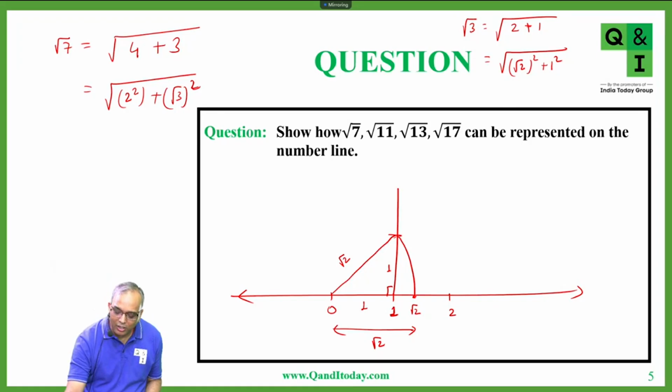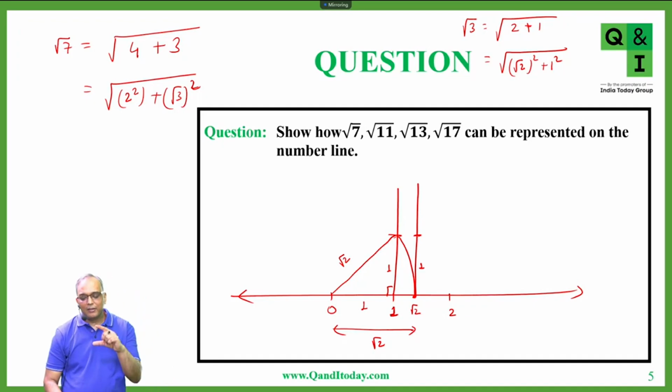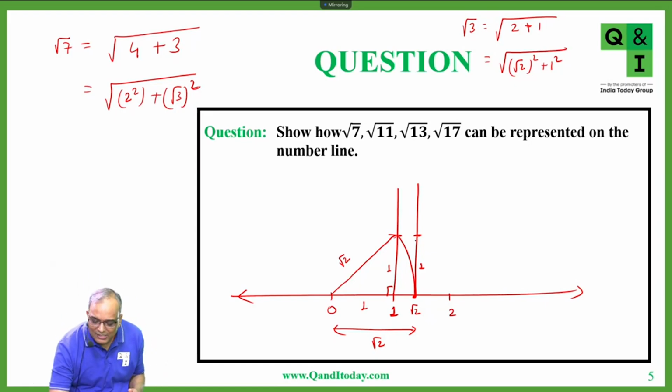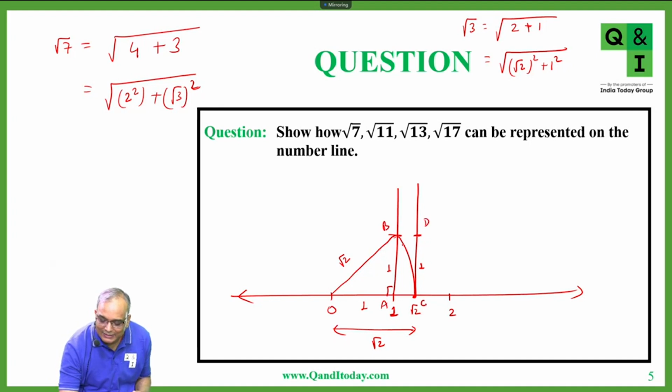Now I'll draw a perpendicular at root 2 and again cut 1 here on the vertical line. Now I have root 2 on the horizontal base and 1 on the perpendicular side. I will join this point. So let's say this was A and this is B and this is point C and let's say this is D. I will join OD here.